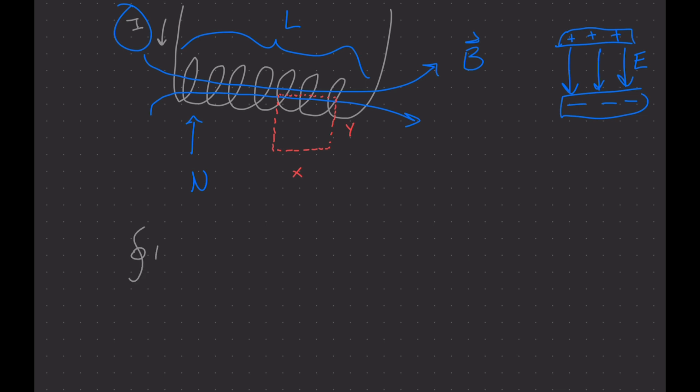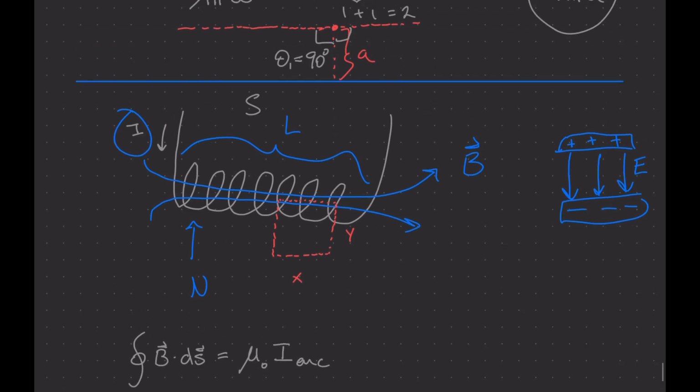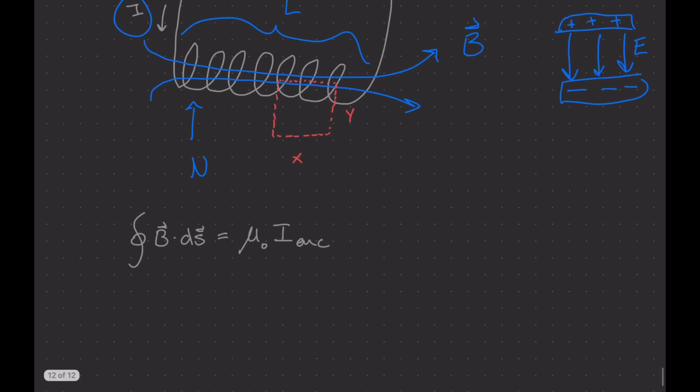But let's rewrite Ampere's law here and take a look at how we can solve this problem and get an equation for the magnitude inside a solenoid. So this here is a solenoid. Cool. Our Amperian loop is here, and let's actually define the direction of ds.